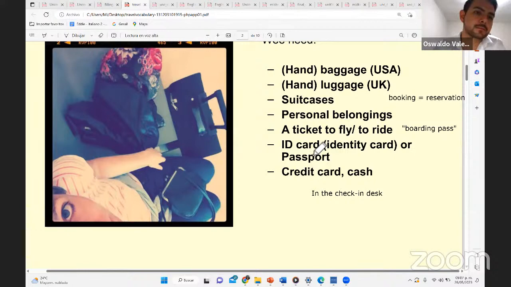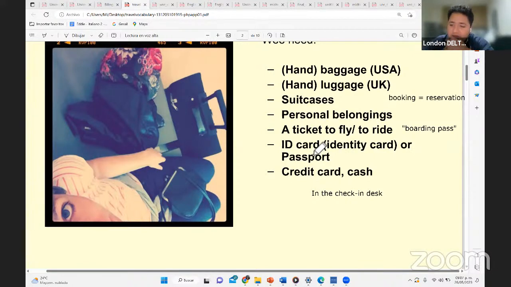Visa. Exactly, your visa, right? For example, to visit the United States and other countries, right? Some other countries ask for, I don't remember the name right now, but it's like an express visa. Es como una visa express, right? Something you do online.